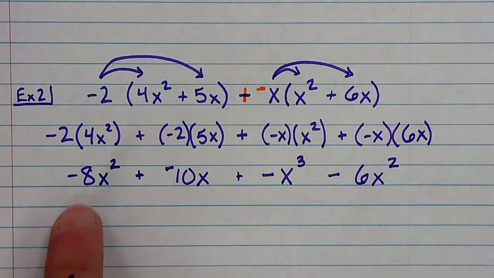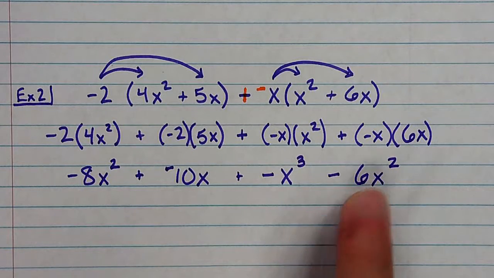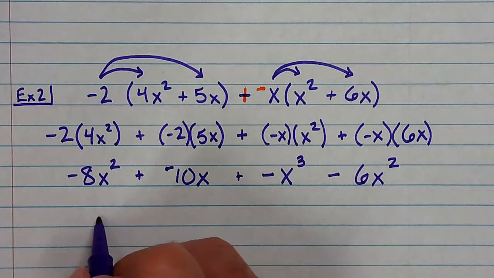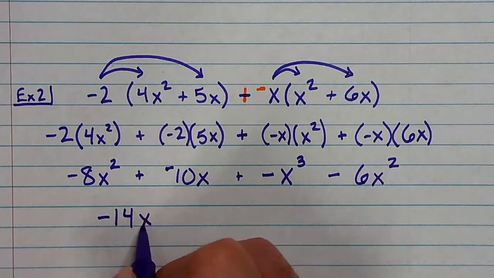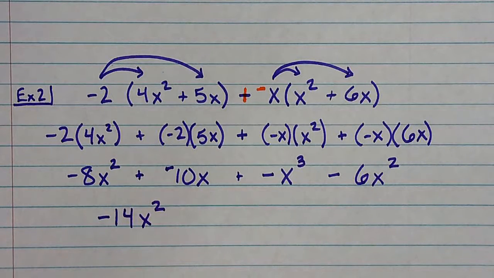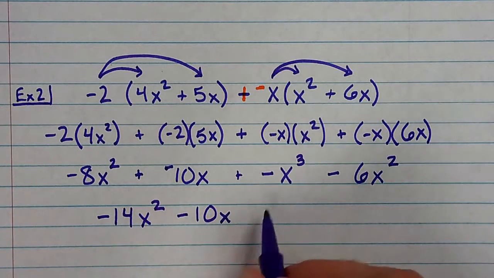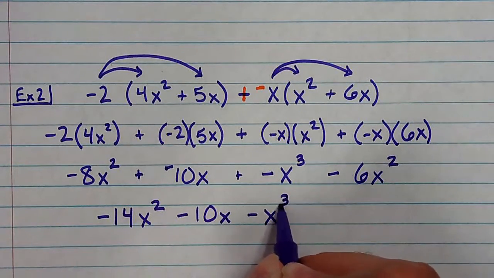I'm not done. I have two terms I can combine. They have x squared on them. So negative 8 and negative 6 combine to make negative 14x squared. Then I have my minus 10x and my minus x to the third.